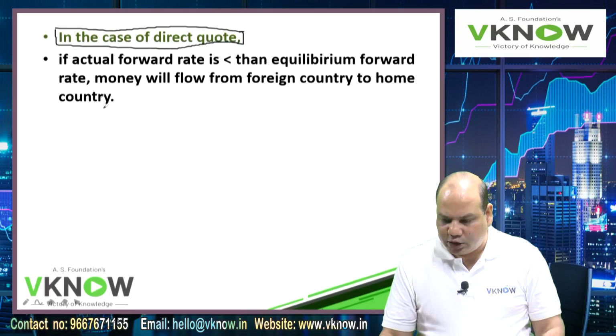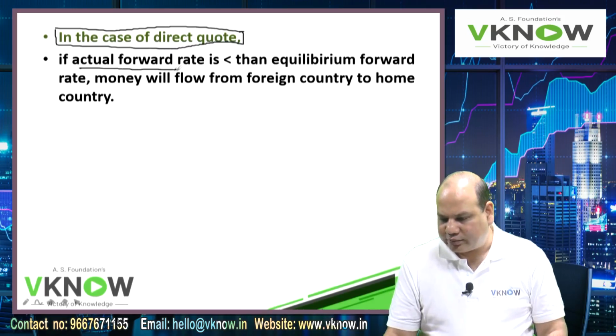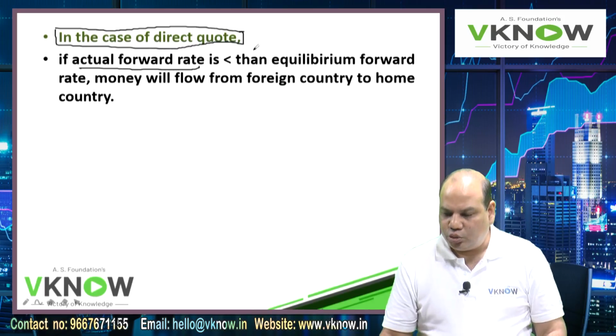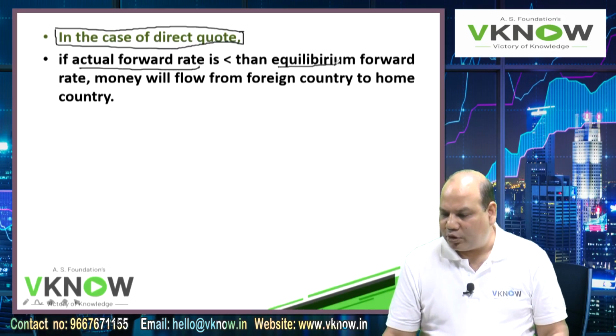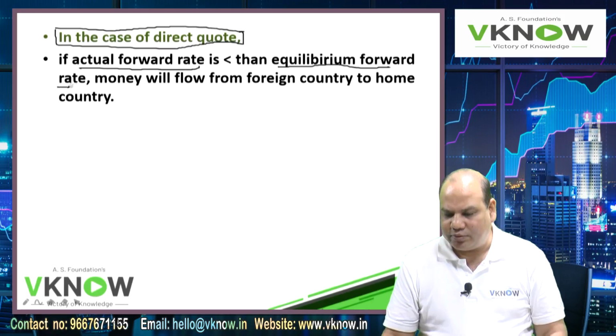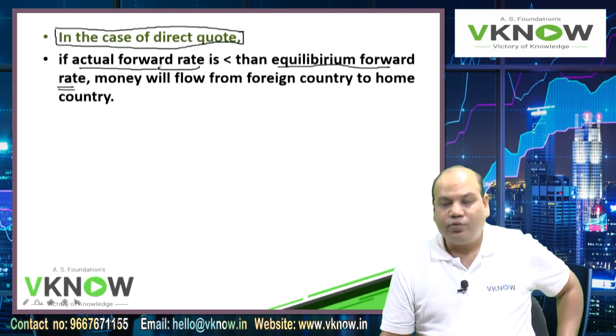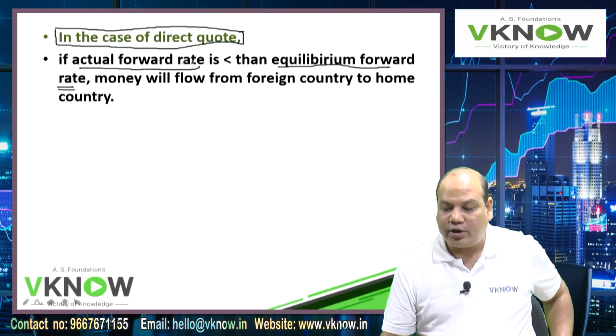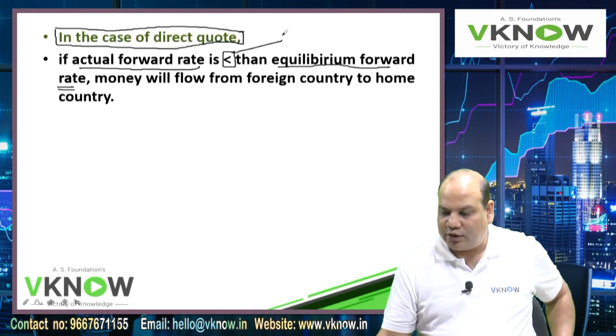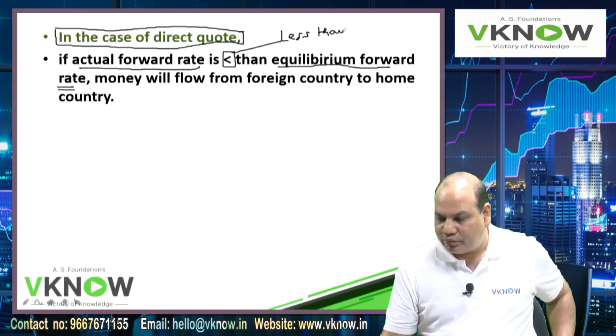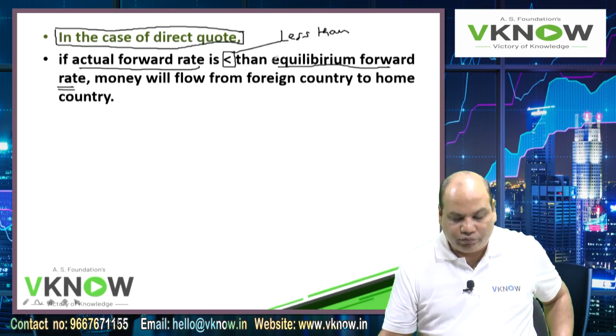Then they will give you one actual forward rate. You calculate equilibrium forward rate as per IRPT, and if you find that actual forward rate is less than, some people get confused in less than, more than. So you can write less than.